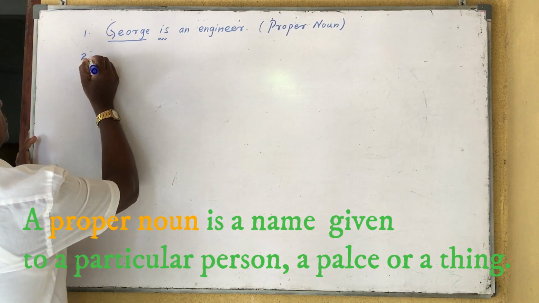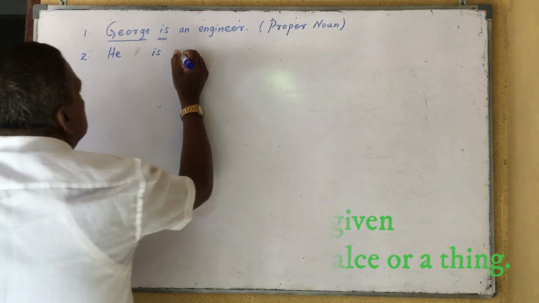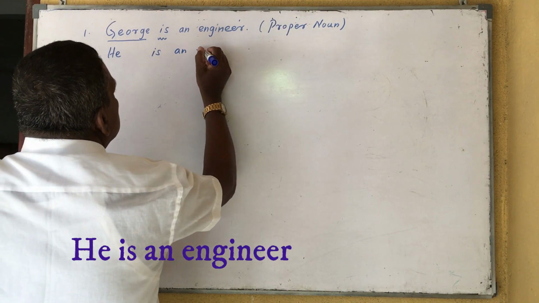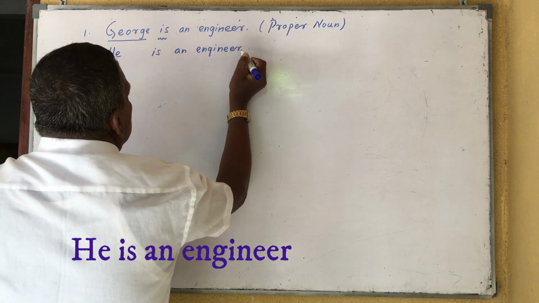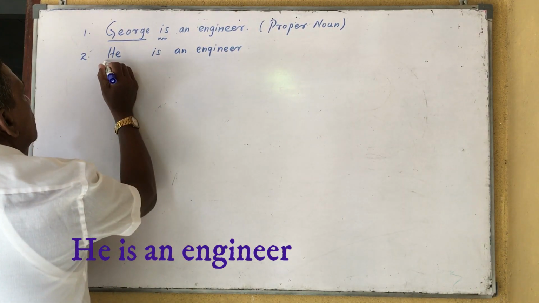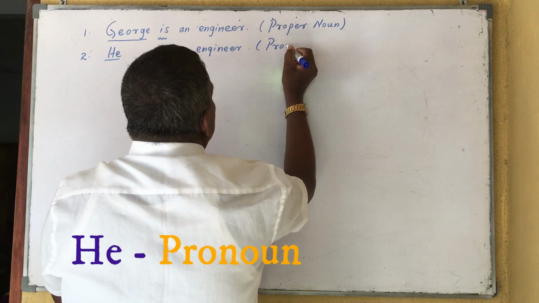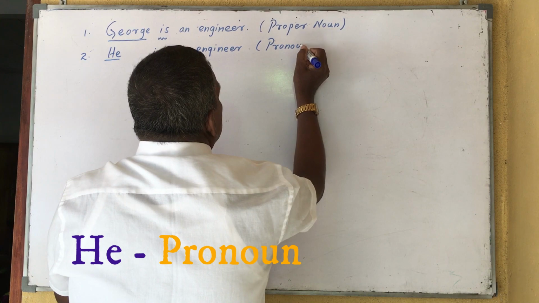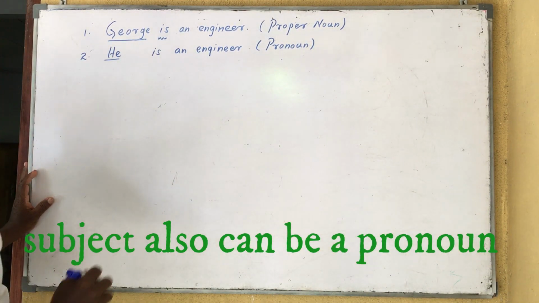Number 2, we can say he is an engineer. Here, he is a pronoun. Then subject can also be a pronoun.